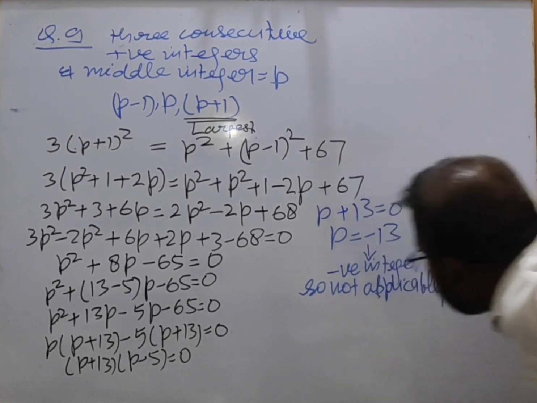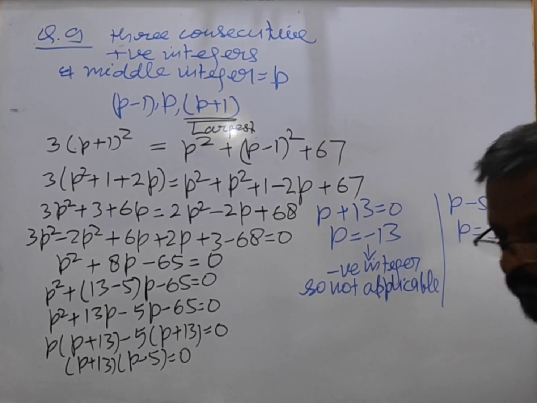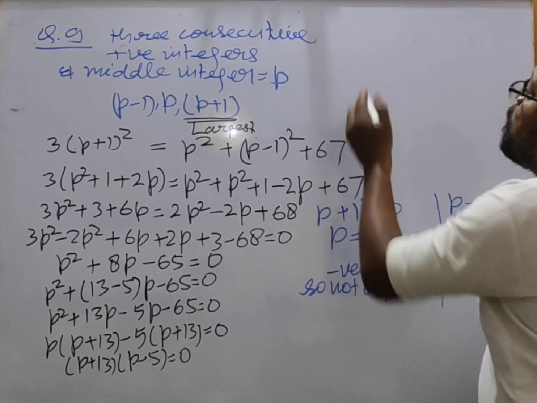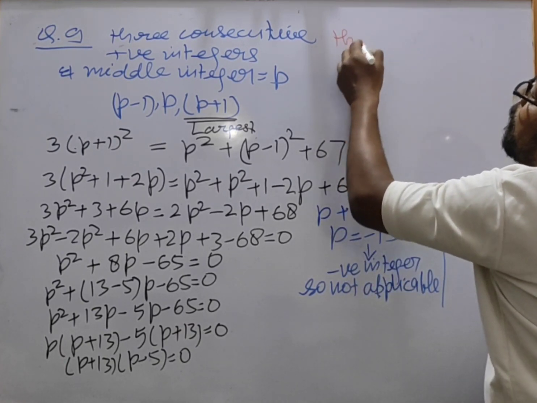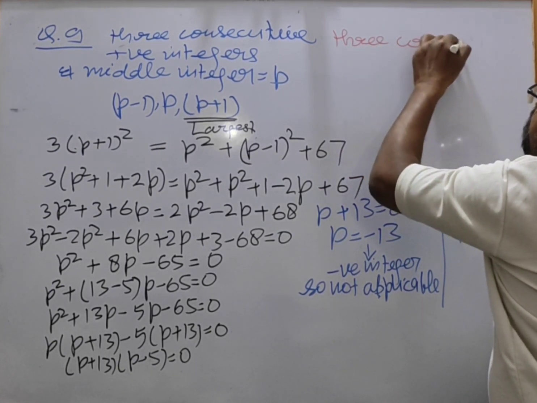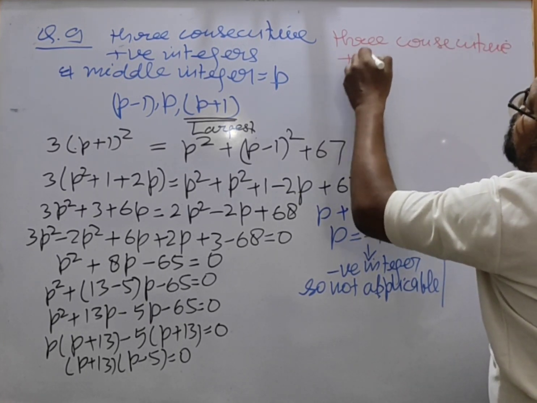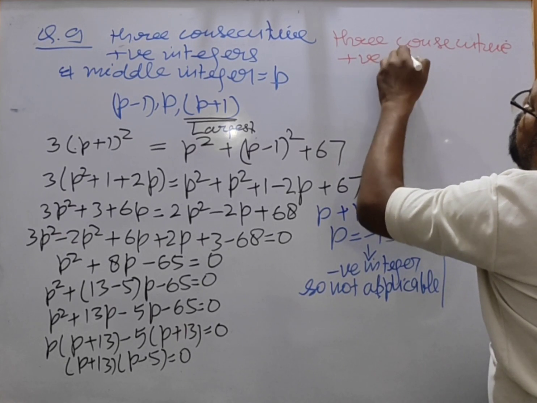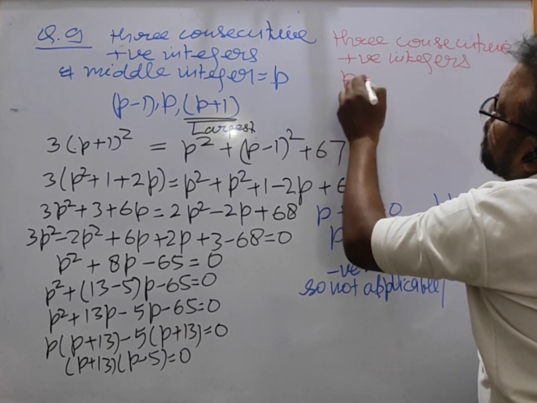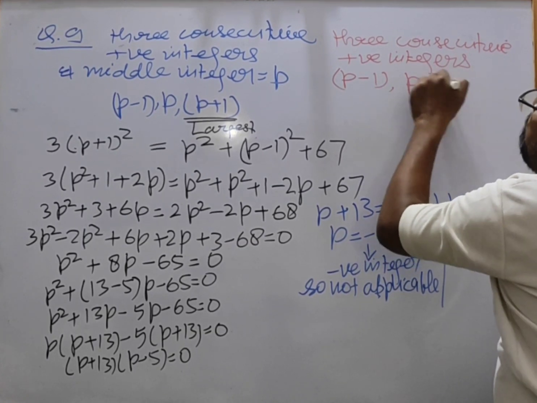When p is equal to 5, the integers will be 3 consecutive positive integers: p minus 1, p, and p plus 1.